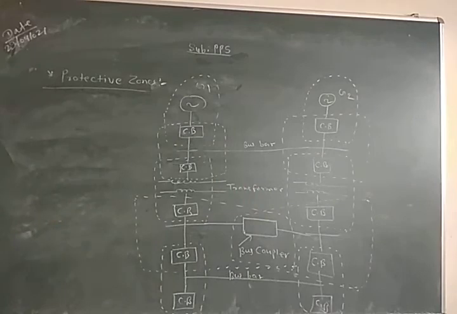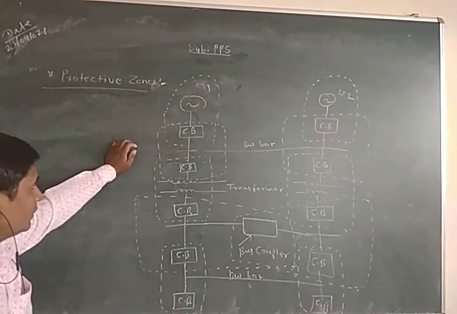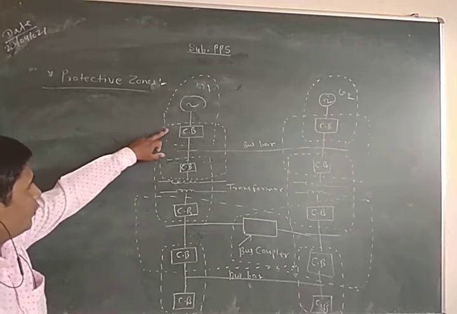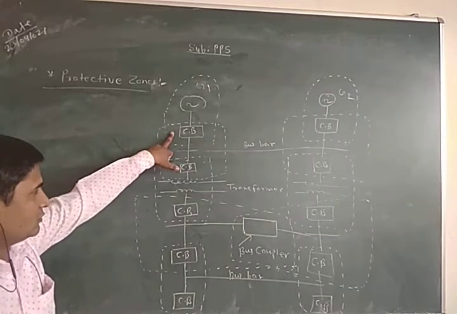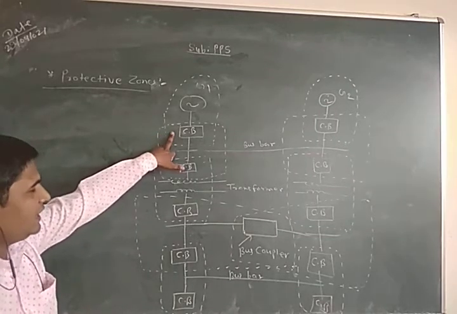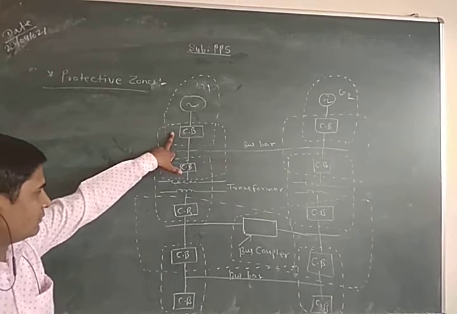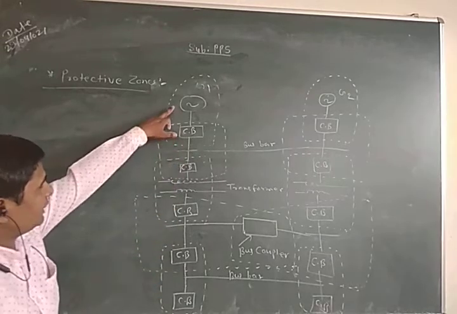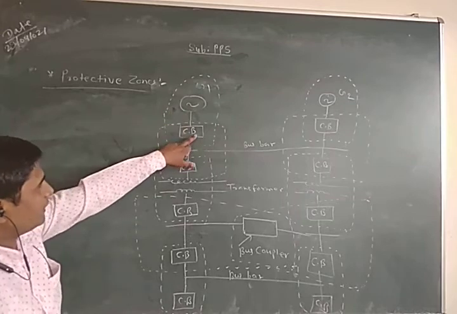In this way, in the entire power system, we have several protective zones to protect each component of the power system. For the generator, we use a circuit breaker.